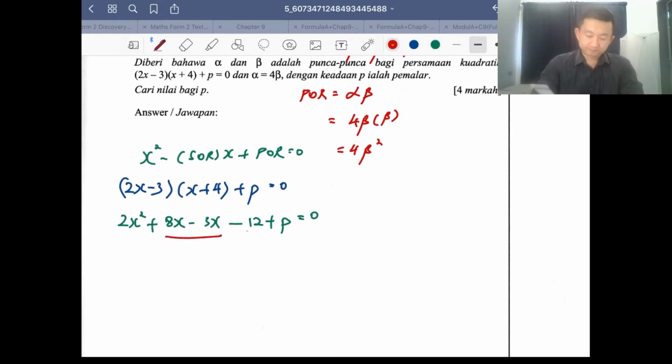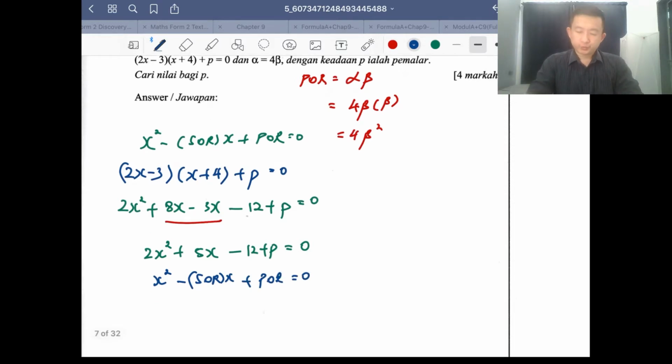Group it. Okay, we compare and see. Is it very similar? No, right? What else do we need to do? Have a look.